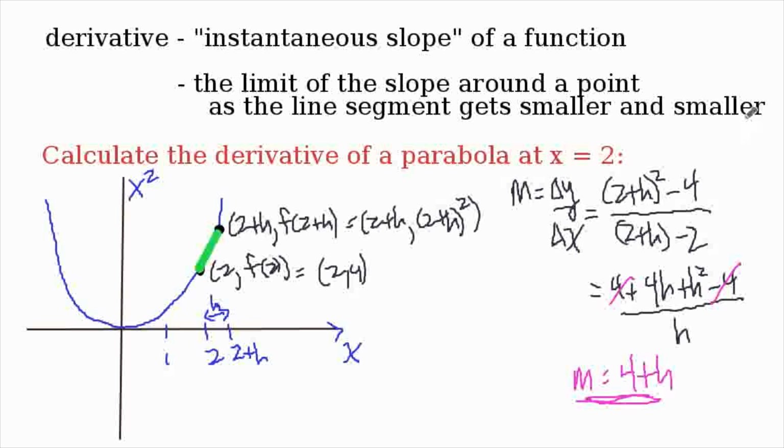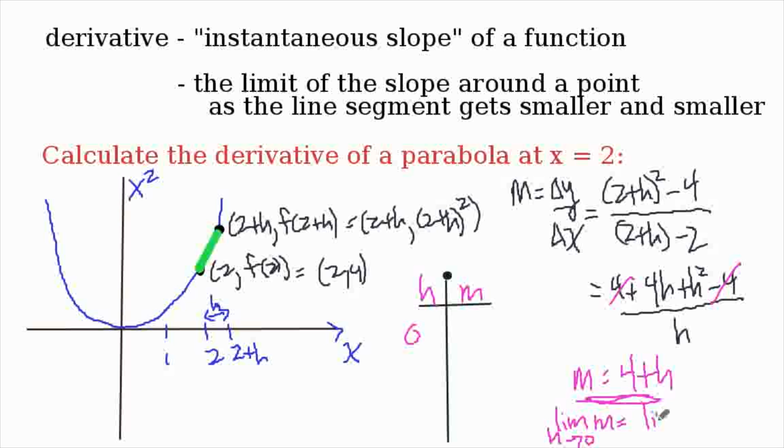Okay, now let's take the limit. You can probably already see because it's such a simple function, but imagine that I had a column and I was doing all this work to find the limit. So here's the h and the m. We want the limit of m, the limit as h approaches 0 of m.